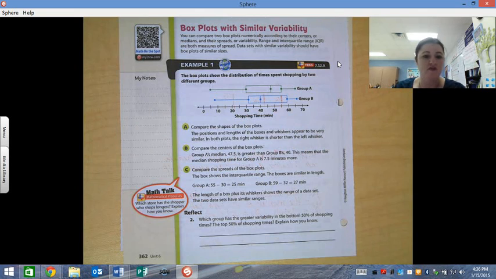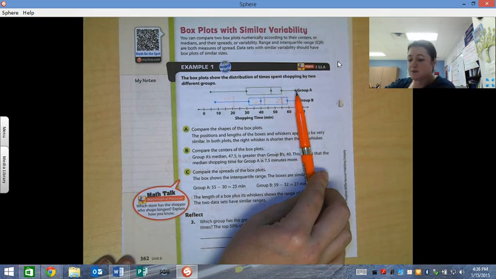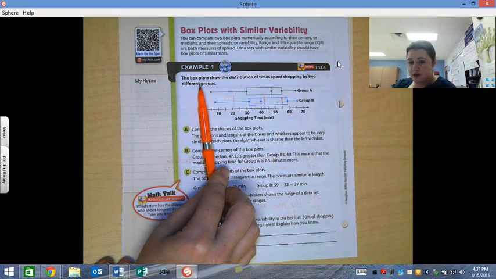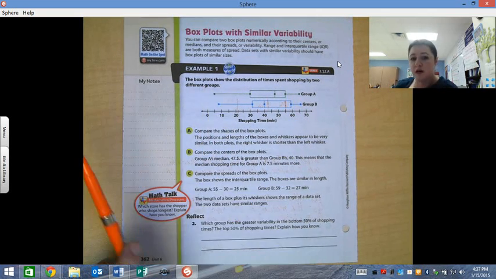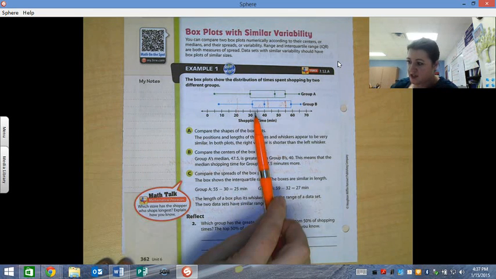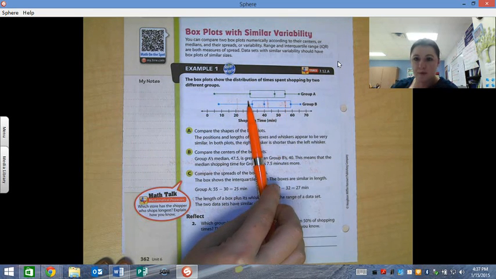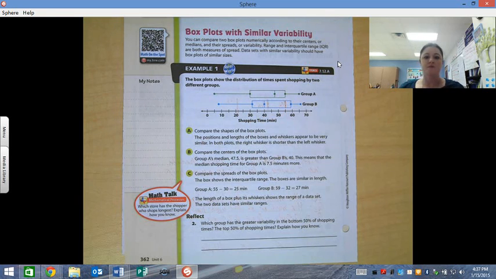The length of the box plus the whiskers shows the range of the data sets. So when you subtract everything from the highest number down to the lowest number, that gives you your range. Remember, your interquartile range is just the range within the box itself. Alright, so these two data sets do have pretty similar ranges, and you should be able to look at that and say, yeah, these are pretty similar.